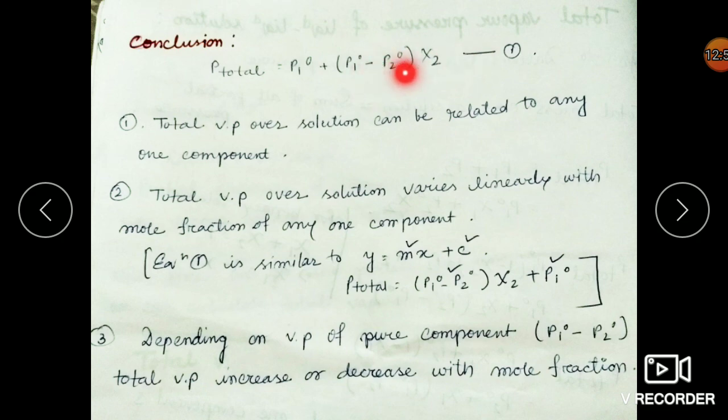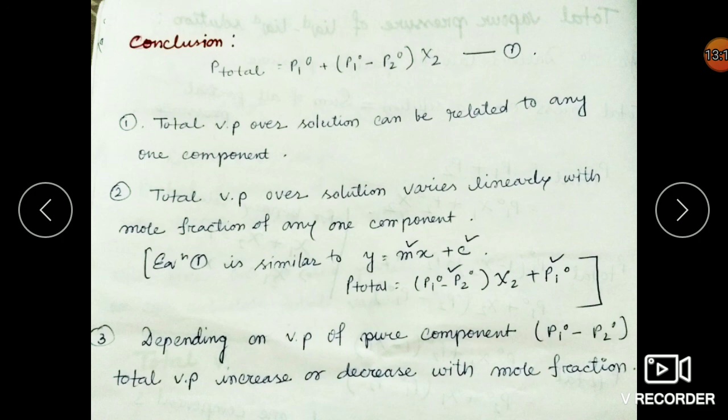If the value is positive, with mole fraction P total will increase. If the value comes as minus, then with mole fraction it will decrease. So these are the three conclusions.